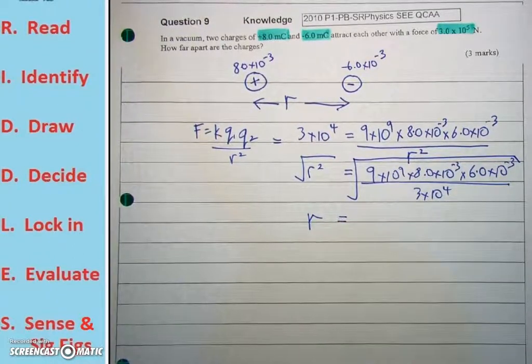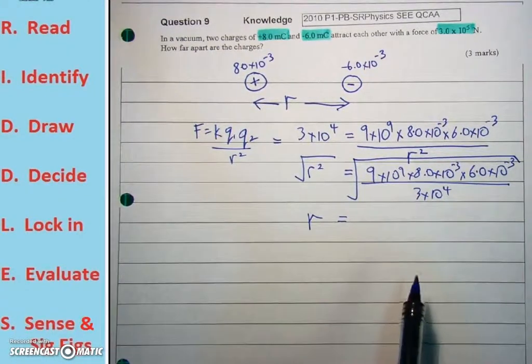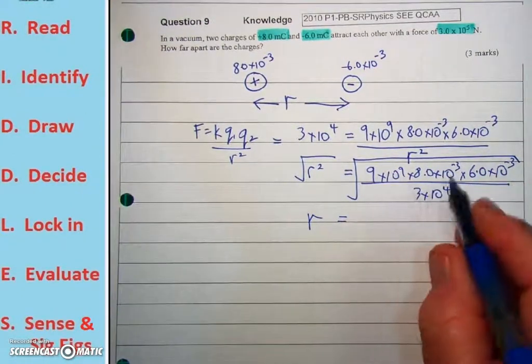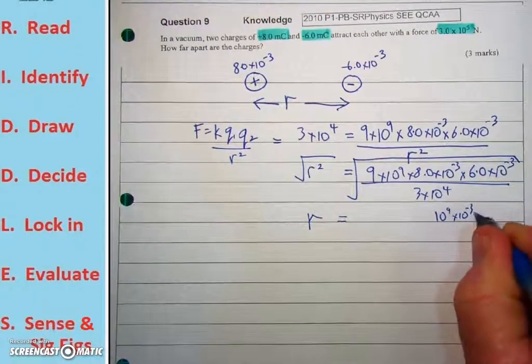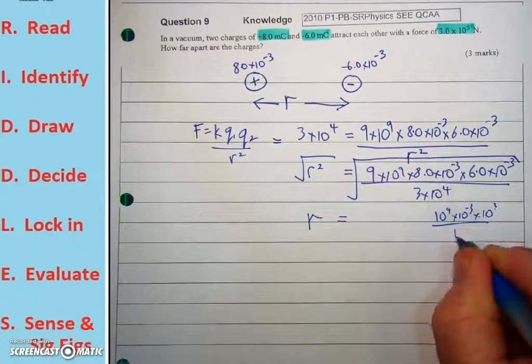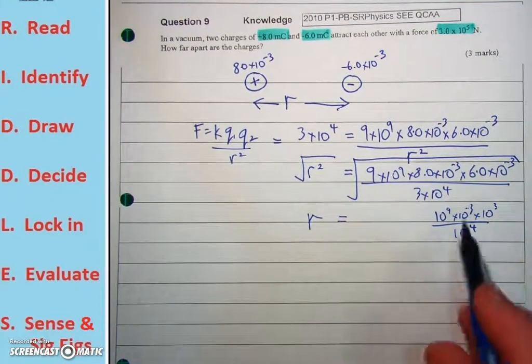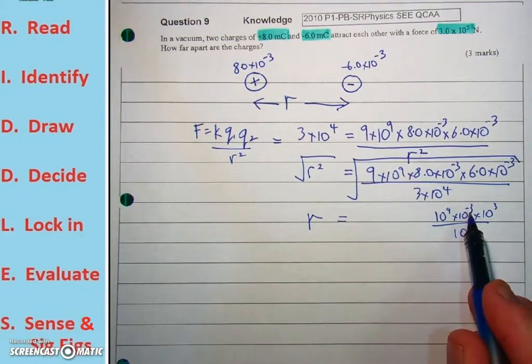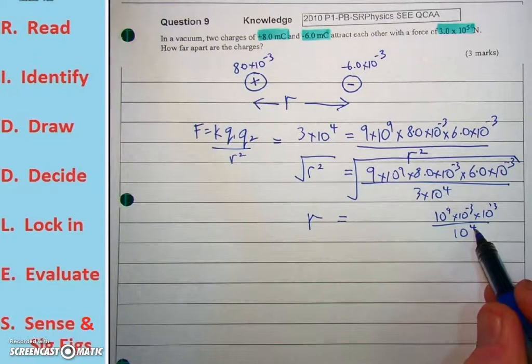So I can now work out this particular value. If we do our powers of 10, 10 to the 9 by 10 to the -3 by 10 to the -3 over 10 to the 4, 9 minus 3 is 6, minus 3 is 3, and subtract 4 is 10 to the -1.